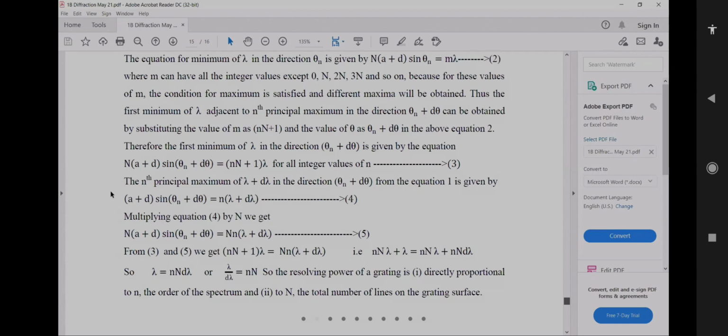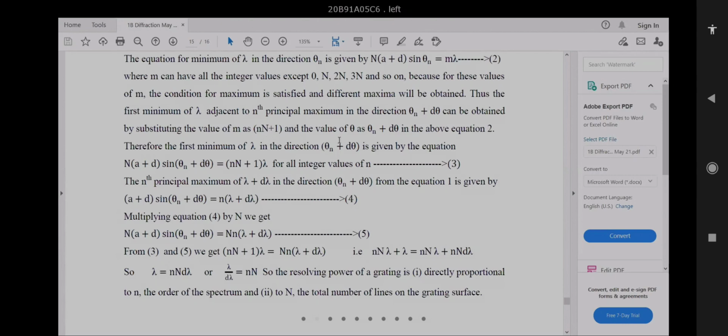So simply, instead of m, replacing it with nN plus 1, where capital N represents the number of lines on the grating and small n is the order of diffraction. Okay, so here, replacing m by nN plus 1 and theta by theta n plus d theta in the above equation 2.